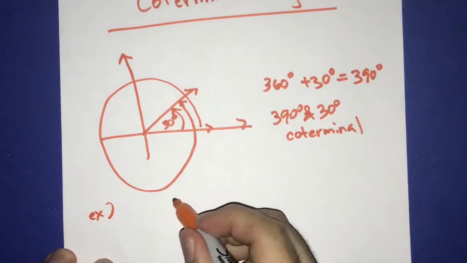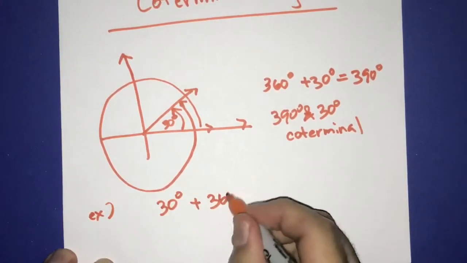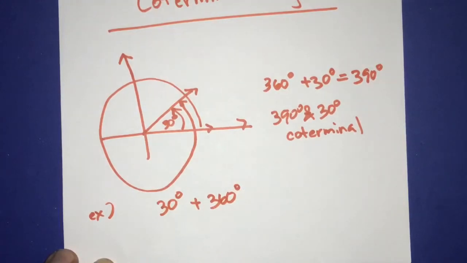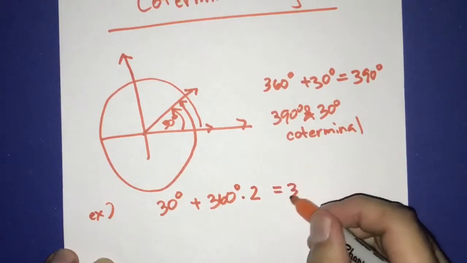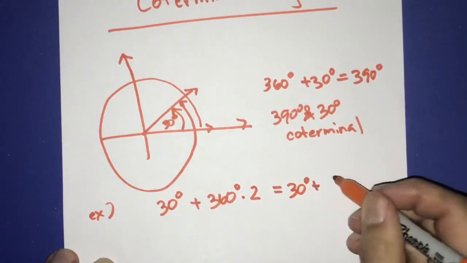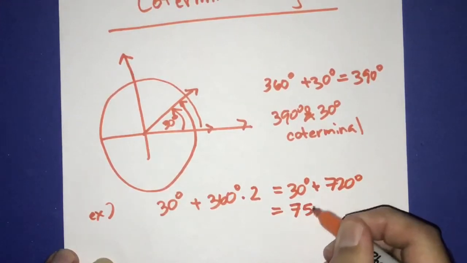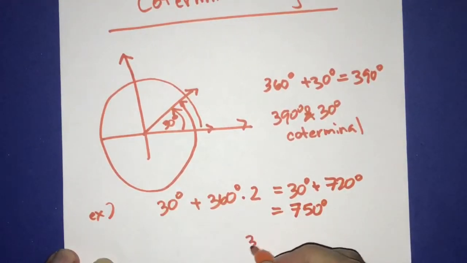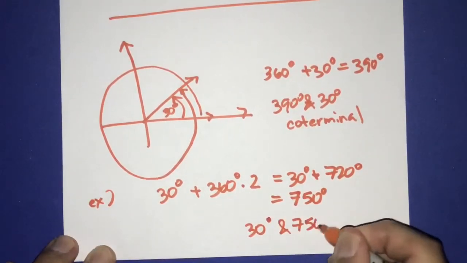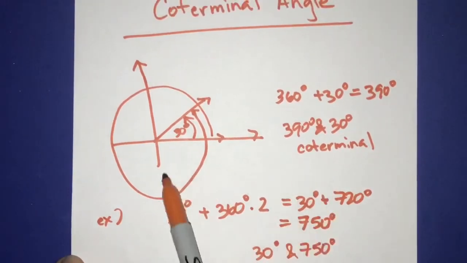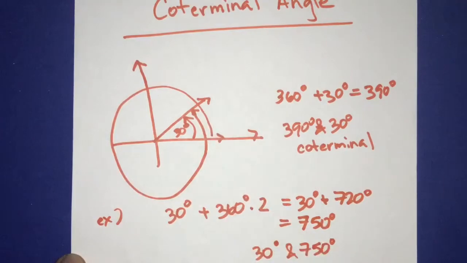So we see 30 degrees plus a rotation of 360 degrees produced 2 times is going to equal 30 degrees plus 720 degrees. So that's going to equal 750 degrees. So we see in this example that 30 degrees and 750 degrees are coterminal. So it would be just like this, except we go through another rotation.